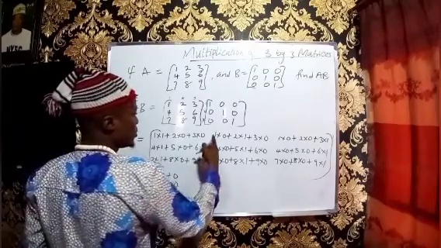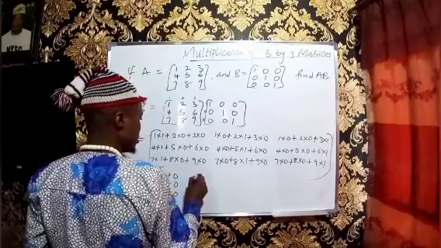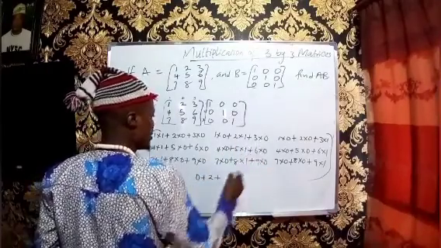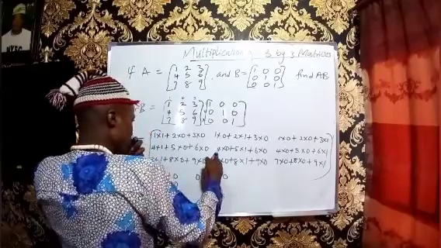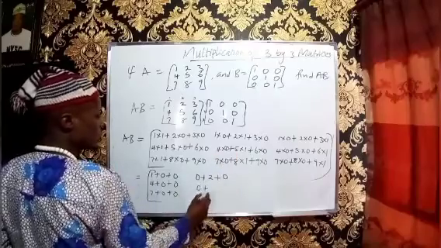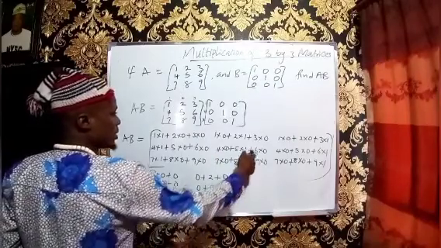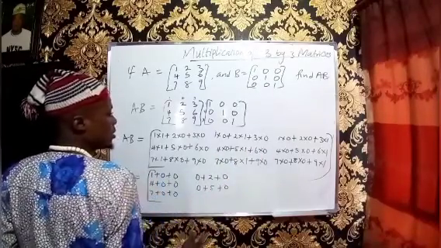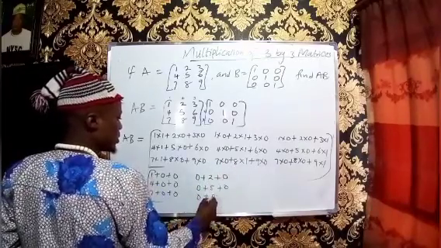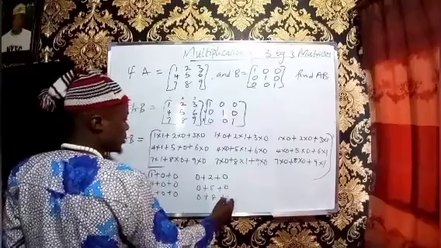You give a space. 1 times 0 is 0, plus 2 times 1 is 2, plus 3 times 0 is 0. 4 times 0 is 0, plus 5 times 1 is 5, plus 6 times 0 is 0. 7 times 0 is 0, plus 8 times 1 is 8, plus 9 times 0 is 0.